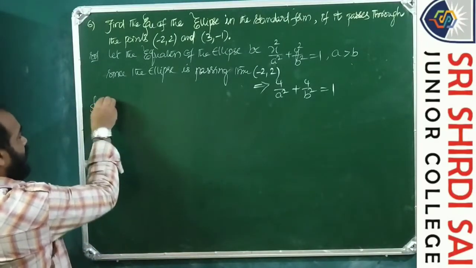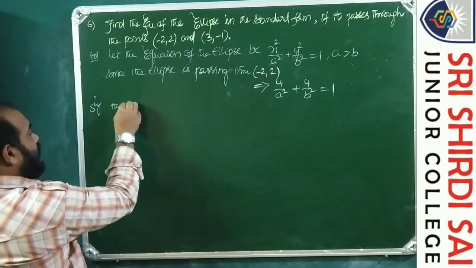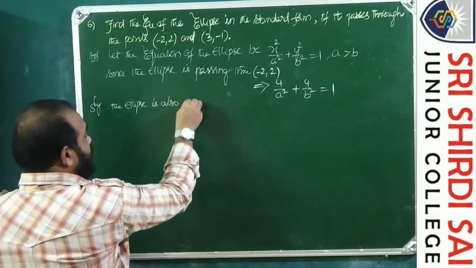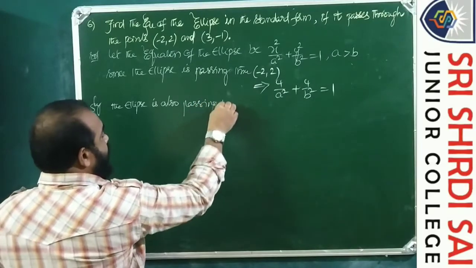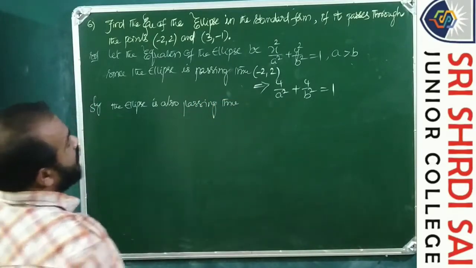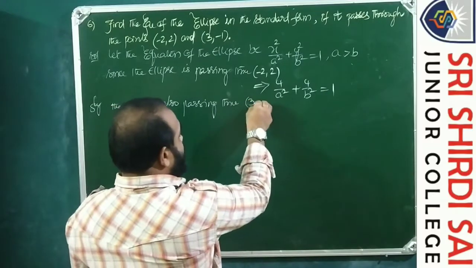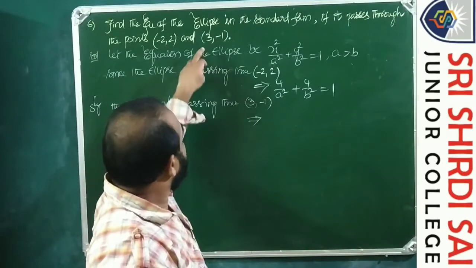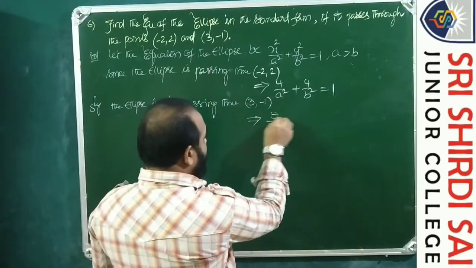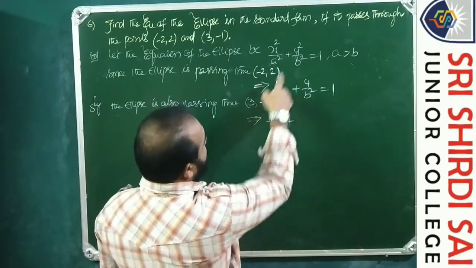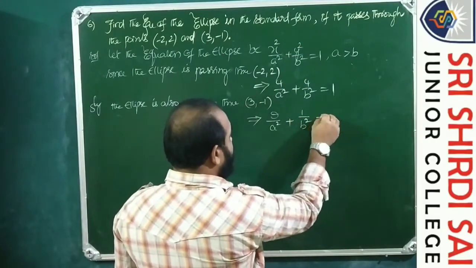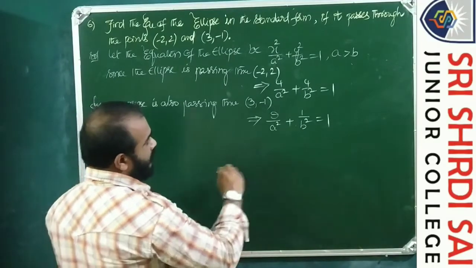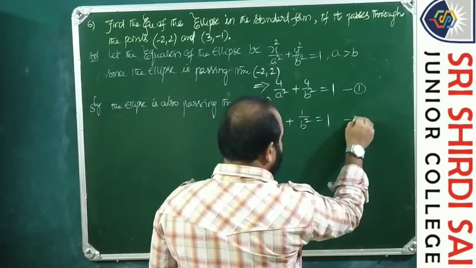Similarly, the ellipse is also passing through 3 comma minus 1. This implies 3 square, 9 by a square plus minus 1 whole square, this 1 by b square equals 1. So this is equation 1 and this is equation 2.